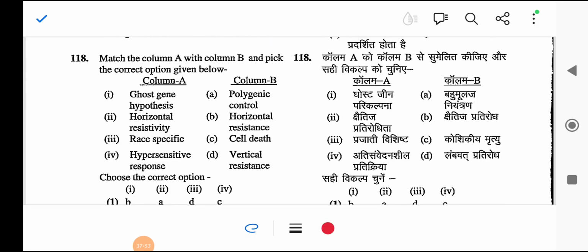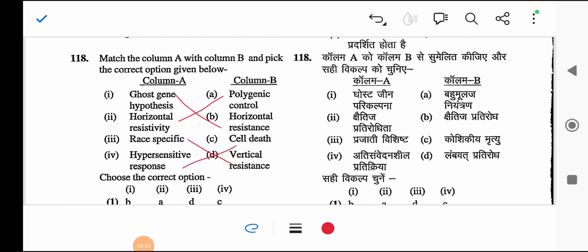Next question is match the following. Ghost gene hypothesis is horizontal resistance. Horizontal resistivity is polygenic control. Race specific is vertical resistance.